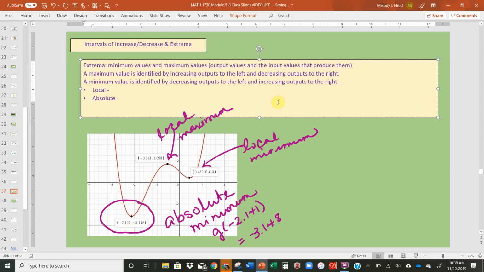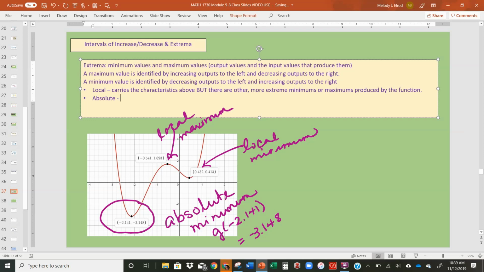And a local minimum or maximum carries the characteristics above, but there are other more extreme minimums or maximums on the graph produced by the function.